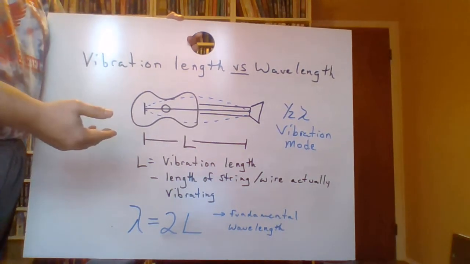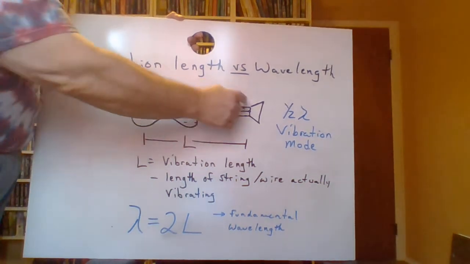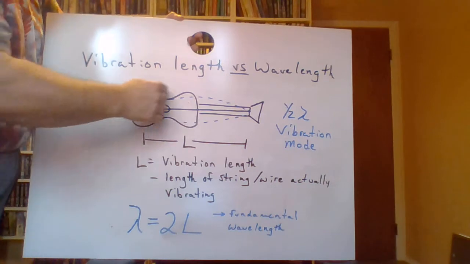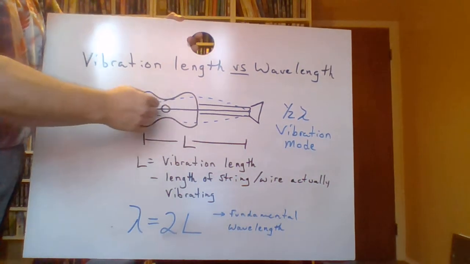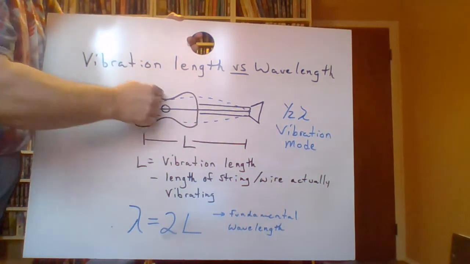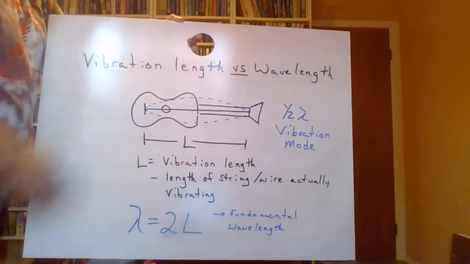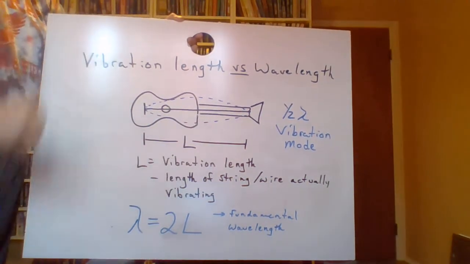The third harmonic, or the second overtone, would be the one that has 3 humps in here. All right, 2 up and 1 down. The fourth harmonic would be 2 full wavelengths within that dimension. Notice that the length, the vibrational length, isn't changing.